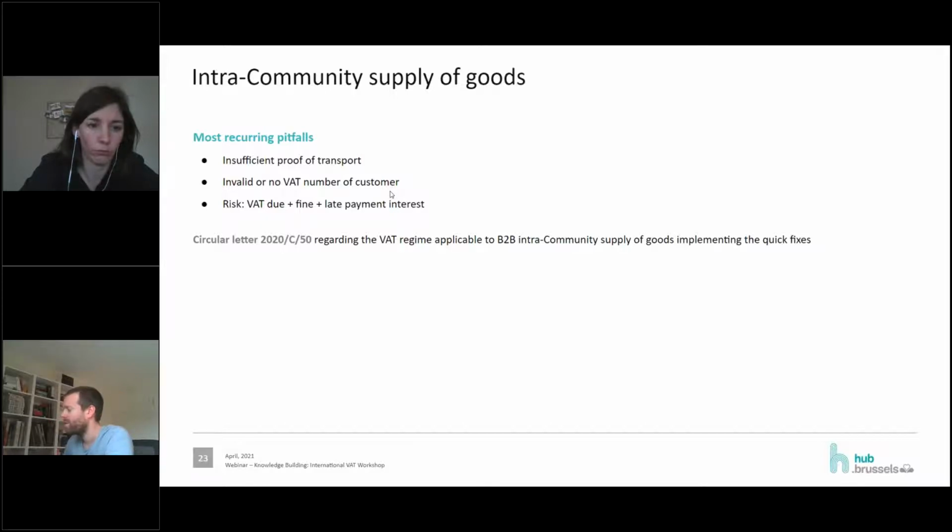Now the European Commission harmonized the system and put some rules into place, among which rules regarding the proof of intracommunity transport, as well as the validity of the substantive condition of having a correct EU VAT number of your counterpart.